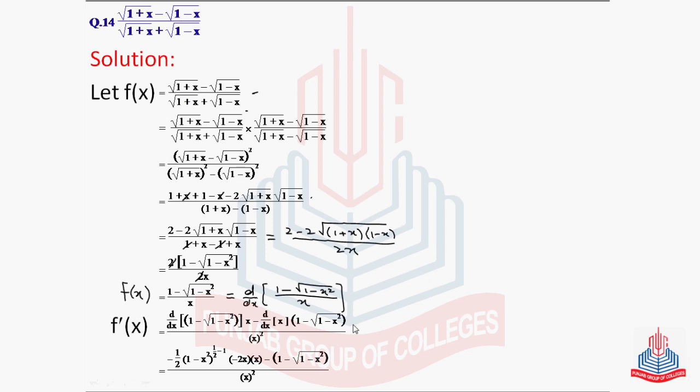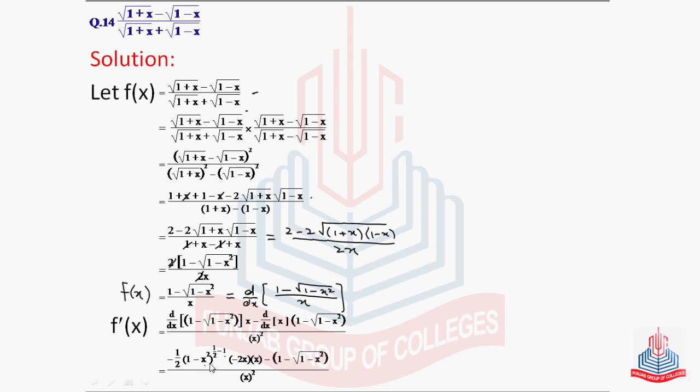So when we apply the derivative on this part, derivative of 1 will become 0, this minus will be as it is. We use our power theorem on this expression, so that will become 1 by 2, (1 − x²) raised to the power 1/2 minus 1, and then the derivative will apply on the inner function 1 − x².